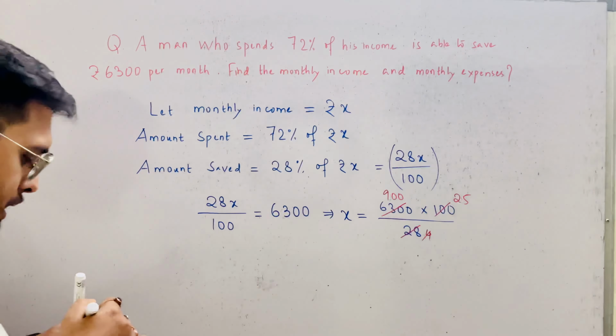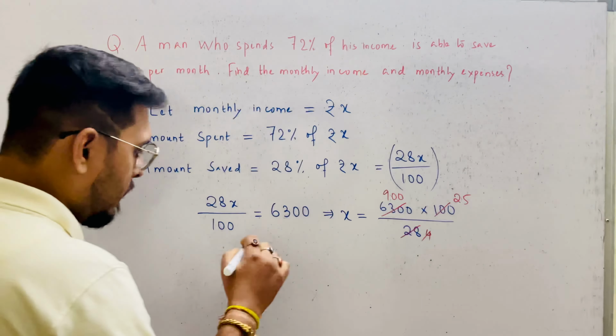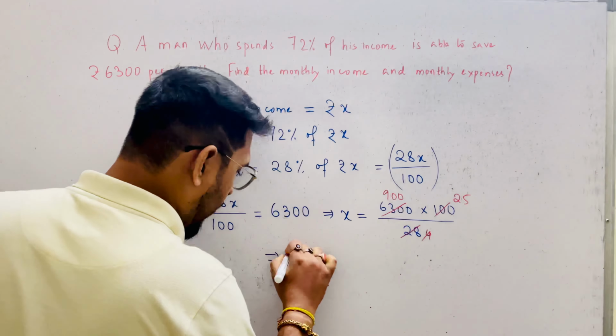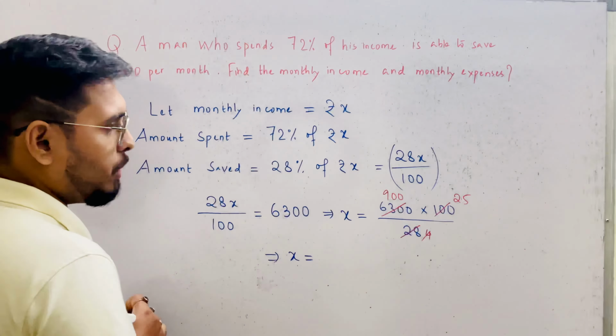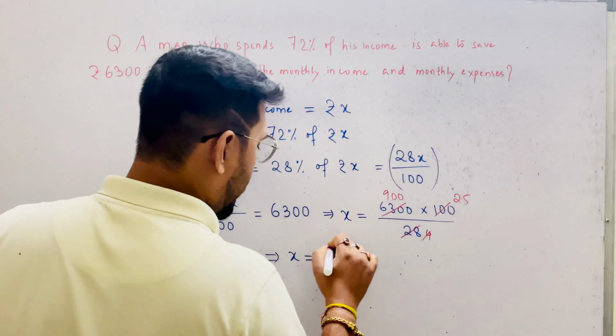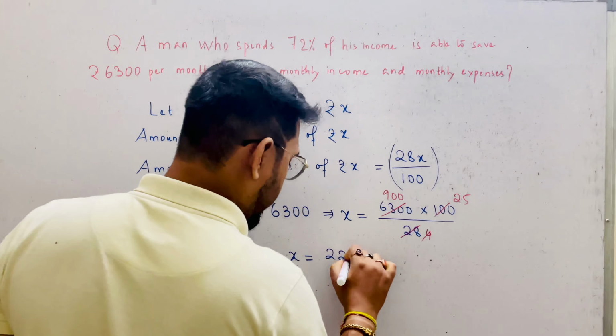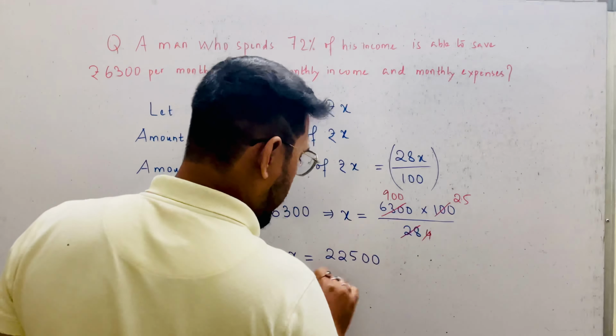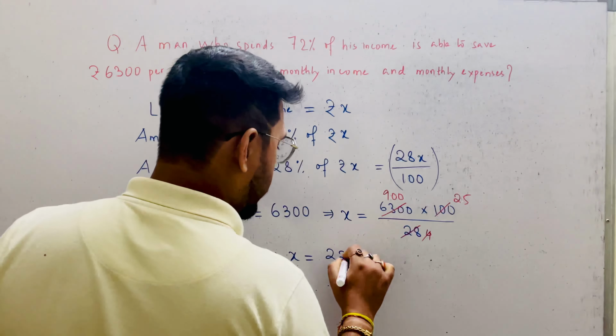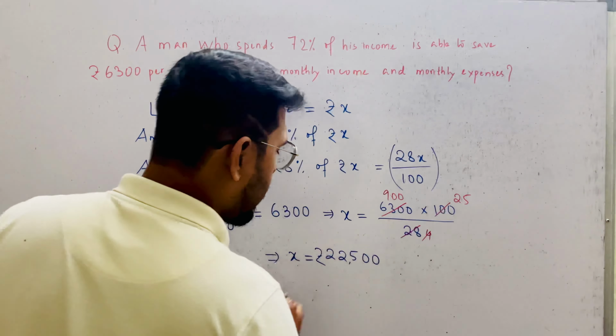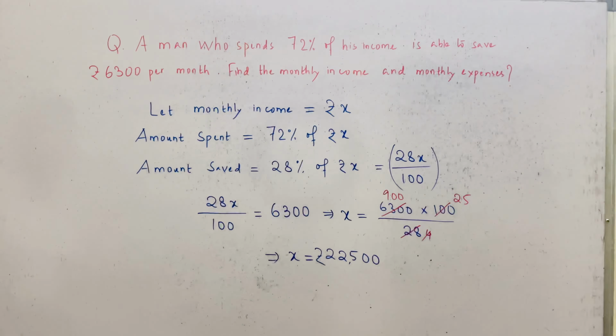So what is the final value of x? The final value of x is going to be 900 into 25. 25 times 9 is 225 and now 100. So it's 22,500 rupees.